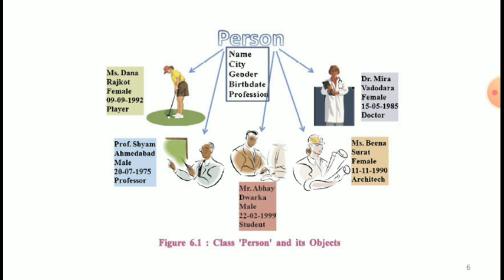She is living in Rajkot. She is female, that means gender is female, birthday is 1992, and profession is a player.